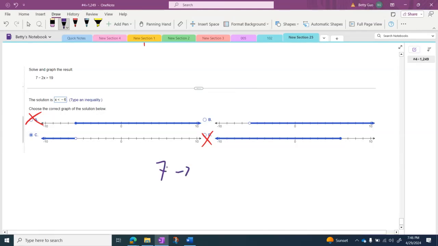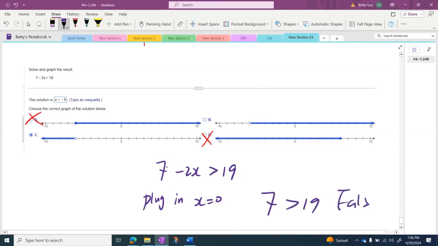The inequality is 7 minus 2x bigger than 19. If we plug in x equals 0, because 0 is convenient, the inequality becomes 7 is bigger than 19. That is a false statement, right? That means the shaded region cannot contain 0. But look at B: the shaded region contains 0. That's the reason B is out. We have to choose C. Just a trick that I want to share with you.